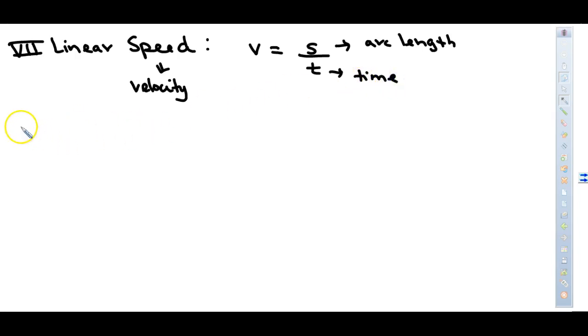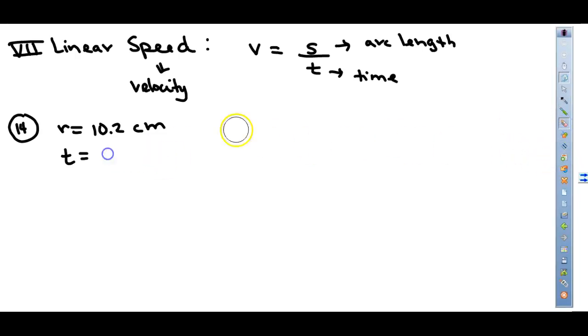Okay, so let's say for this particular example here, I think this is actually number 14, you have been given that R is 10.2 centimeters and that your time is 1 minute, or 60 seconds rather.